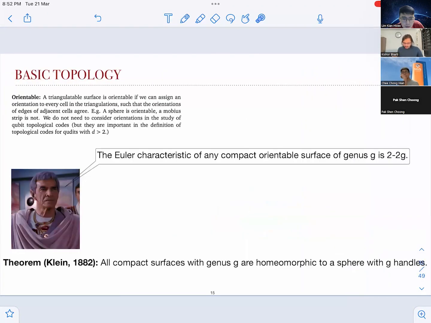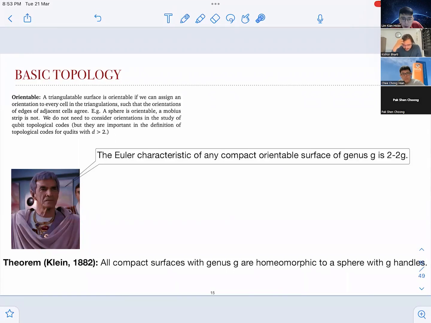Yeah. There is some notion of orientability, not really relevant, and even if you don't understand it, it won't hurt. But you can think of a sphere as an orientable surface. On the other hand, the Mobius strip is non-orientable. So basically, when you triangulate a surface, you can try to assign a certain direction to every cell.